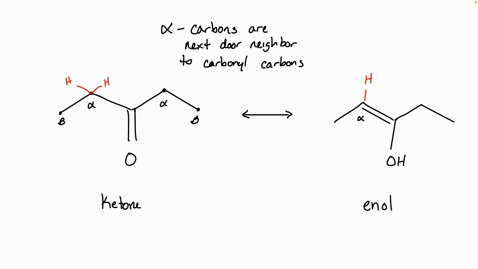That hydrogen is now located on that oxygen as my alcohol group. So the formula for both of these compounds is the same: C5H10O. Same molecular formula. I didn't lose any atoms. I've just rearranged how they are within the molecule itself.